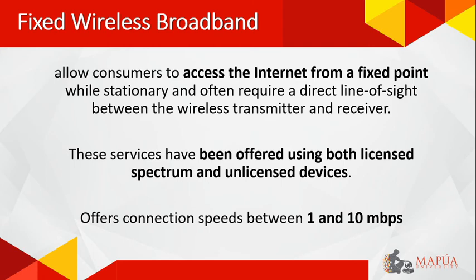For example, thousands of small wireless internet service providers provide such wireless broadband at speeds of around 1 Mbps using unlicensed devices, often in rural areas not serviced by cable or wireline broadband networks.